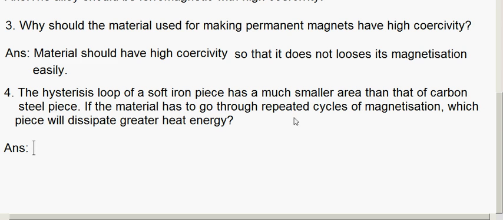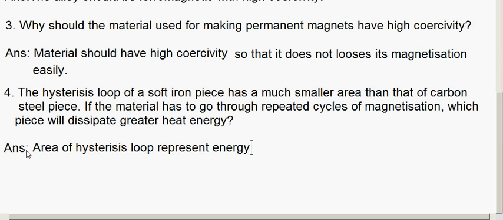The answer is the carbon steel piece will have greater heat energy. So we can write, area of hysteresis loop represents energy lost in each cycle of magnetization and demagnetization.